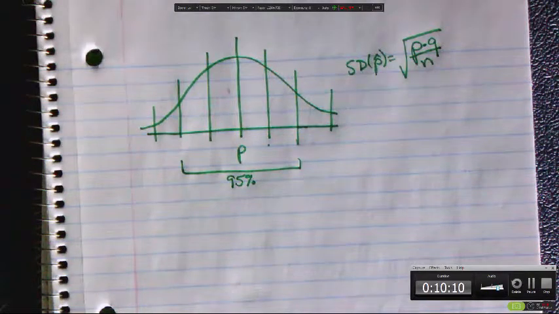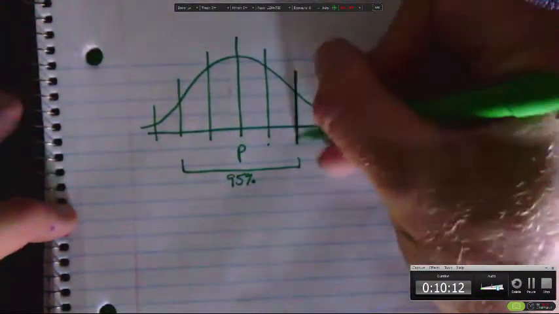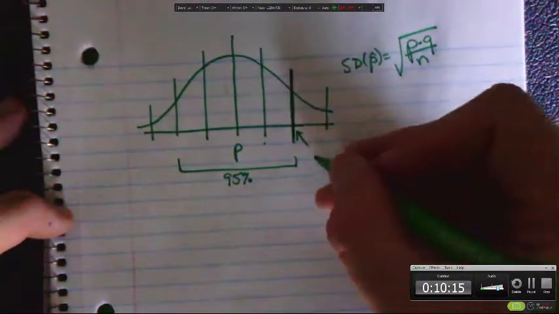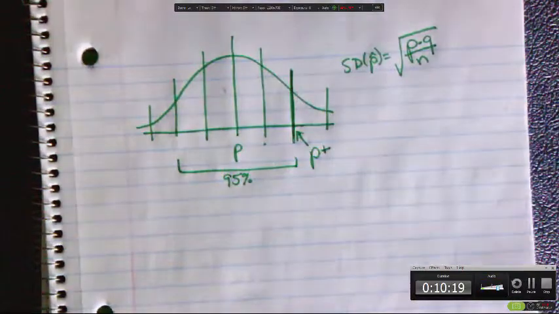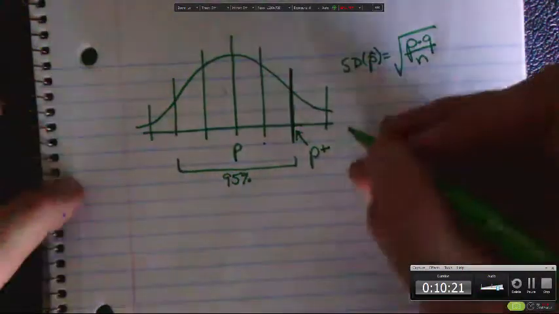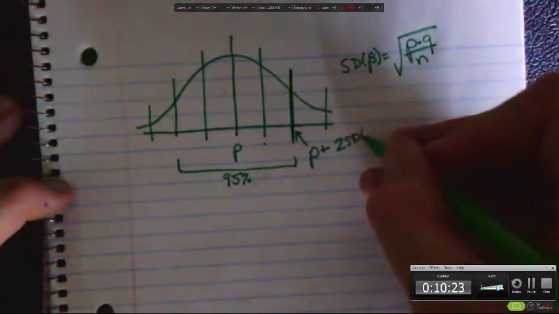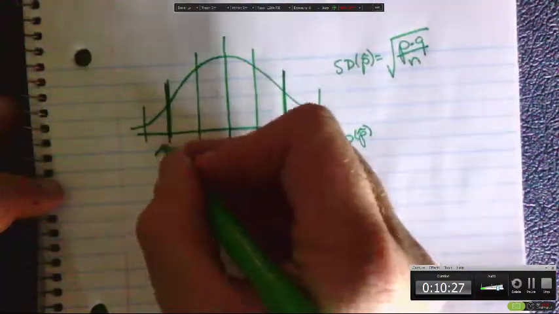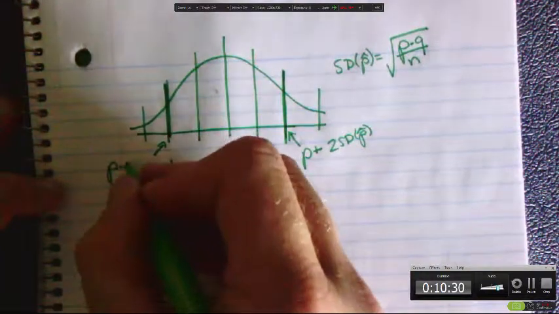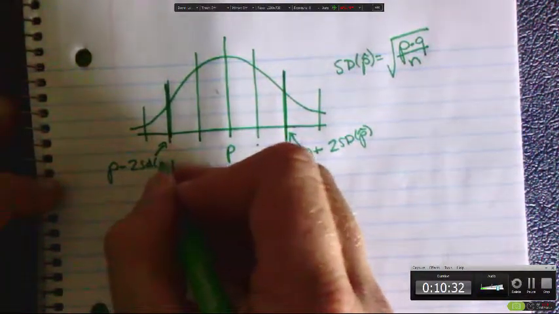This line in the sand, the way you calculate it is you do the P, the middle, plus how many standard deviations? 2 standard deviations of p hat. And this line in the sand down here is P minus 2 standard deviations of p hat.